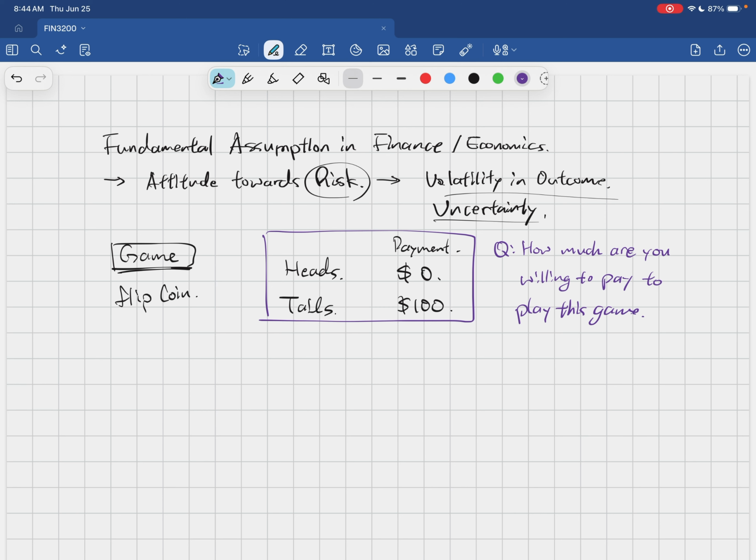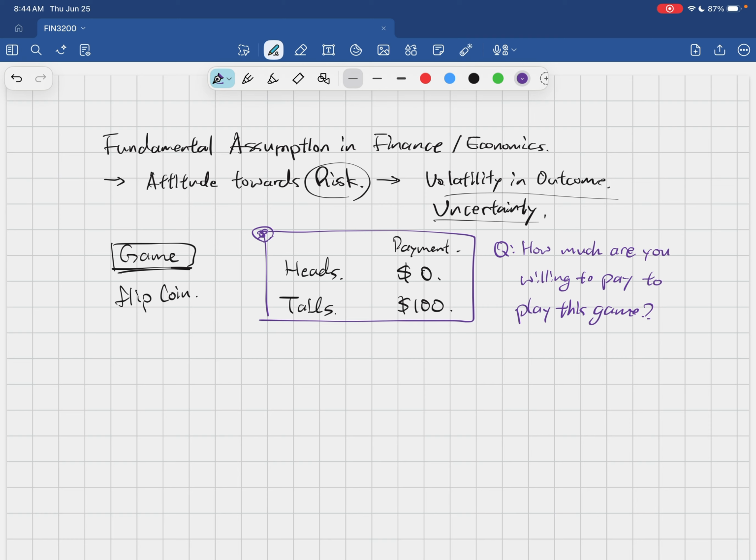So this is sort of like an asset pricing question. We have this little game. It gives you some kind of a payment, and it has some kind of an uncertainty. And the question is, how much are you willing to pay to play this game?